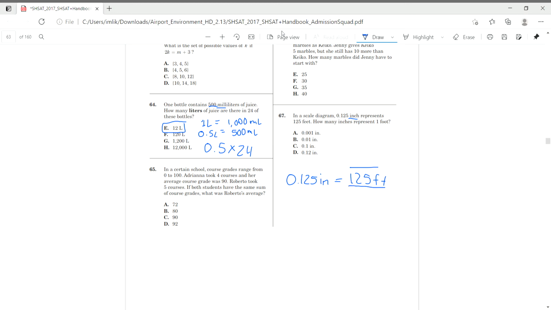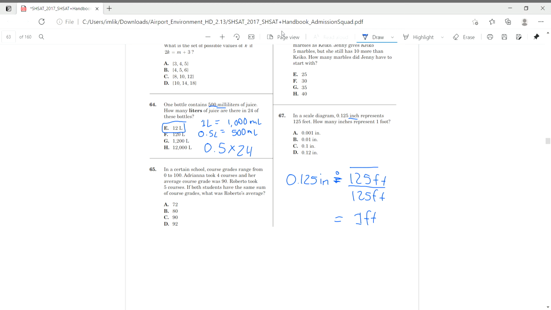So if we divide this by 125 feet, we end up getting 1 foot, because something divided by itself is 1. But remember, since this is an equation, you can use an equal sign. Sorry, this is not a proportion. Regardless, it doesn't matter, it's just a notation.